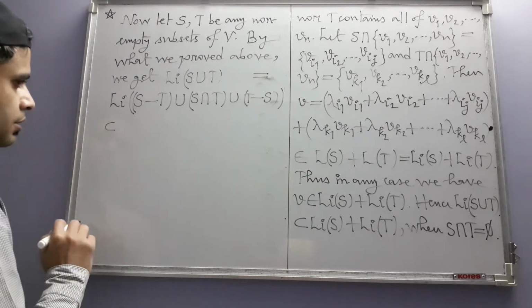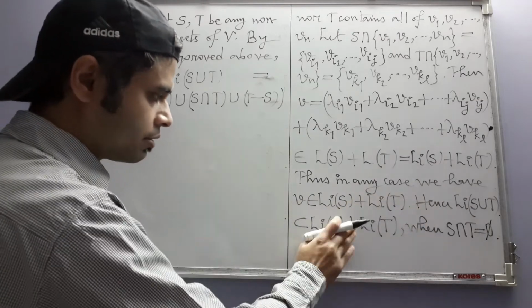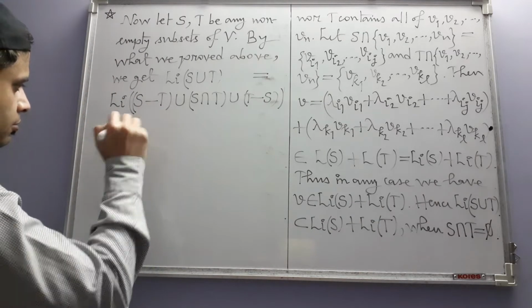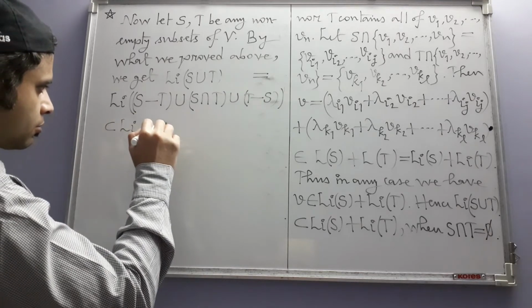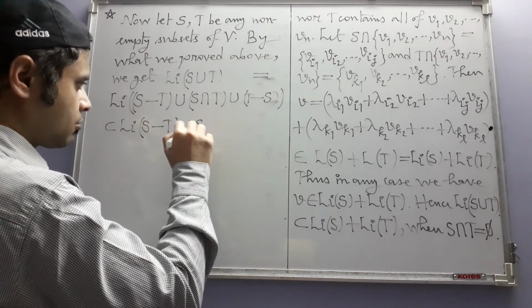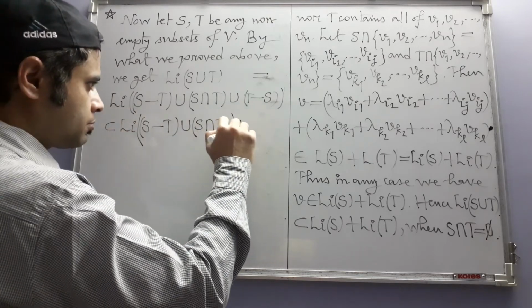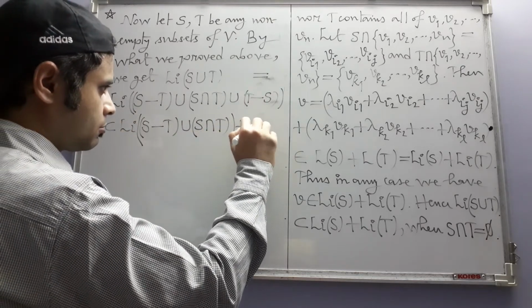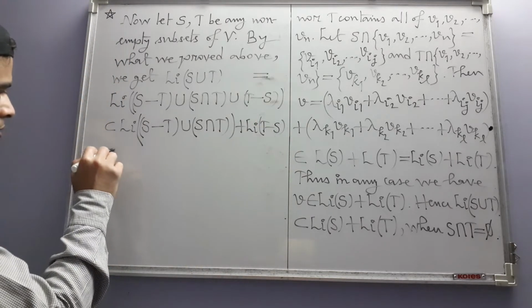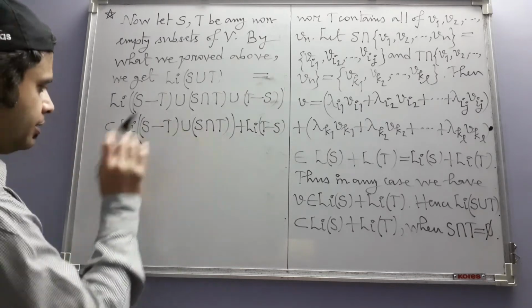So you can apply this containment, this one 2 times. T minus S, and again you apply that here.